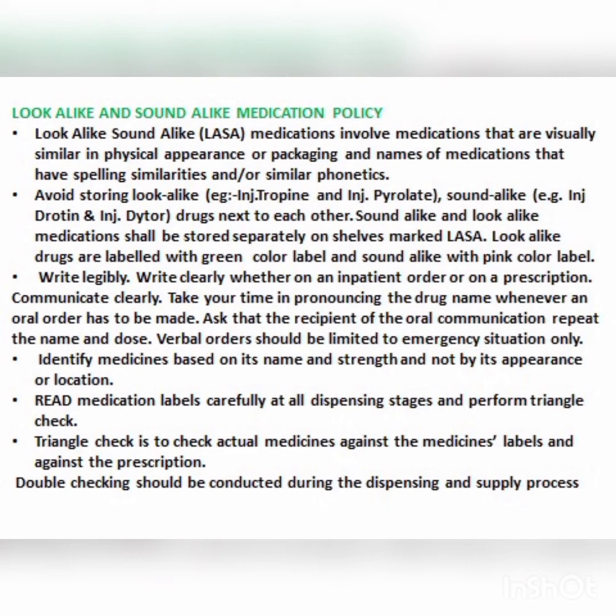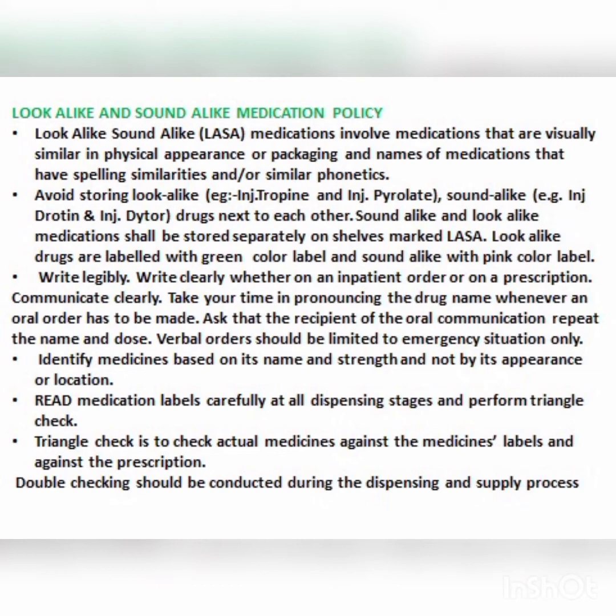And whenever giving orders, proper communication should be in a clear manner, so that staff can get proper communication and can prevent medication error. And always identify medicines based on name and strength, and not by appearance or location.